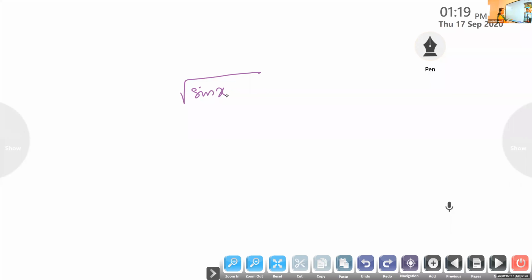Sania. Root. Root x is one function. And within the root, we are getting another function. Sin x is another function.